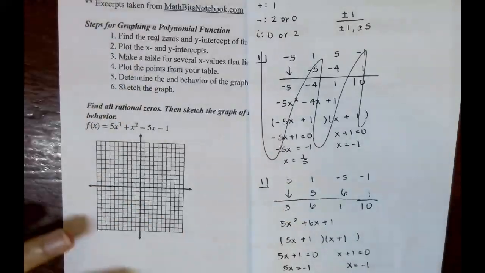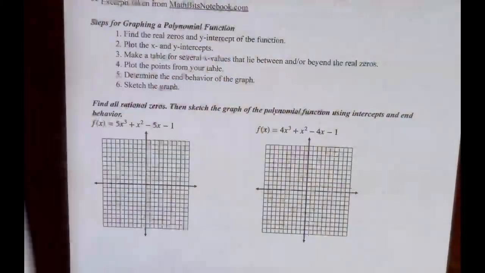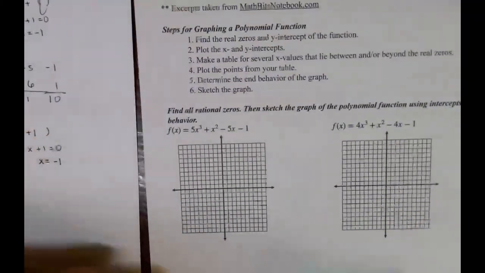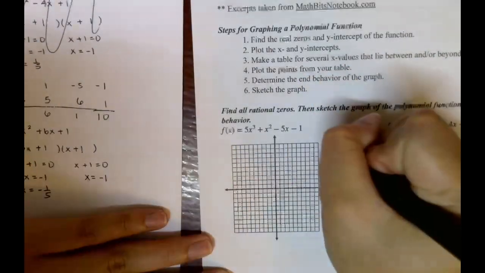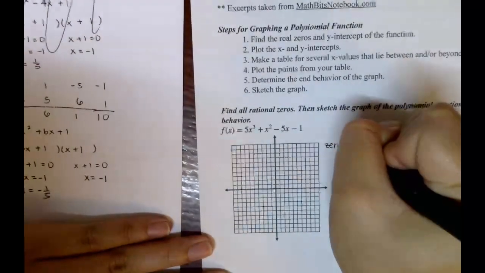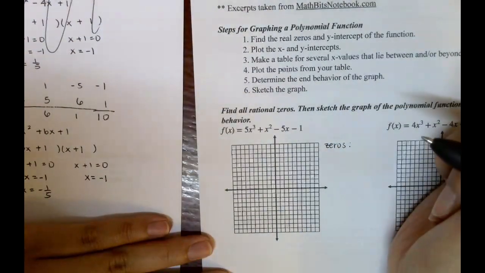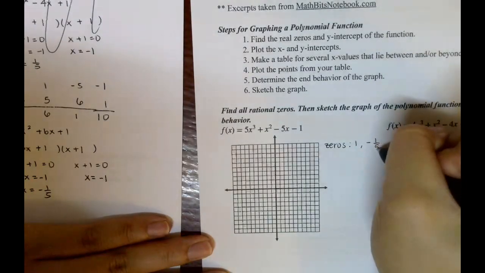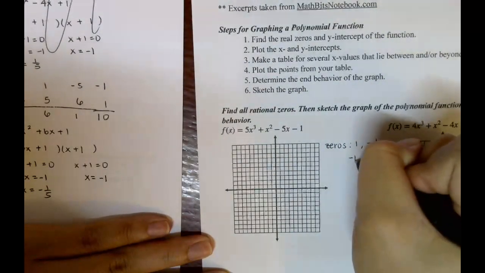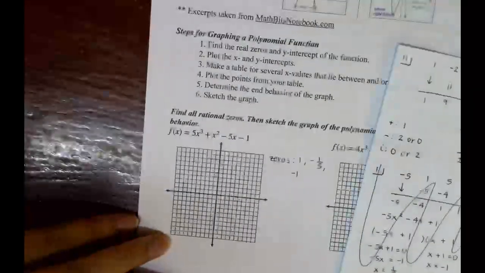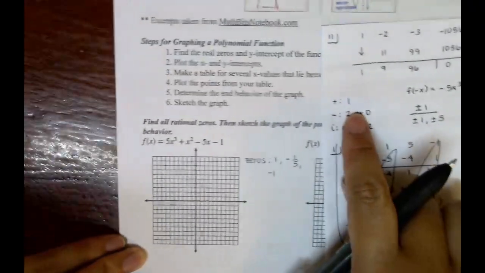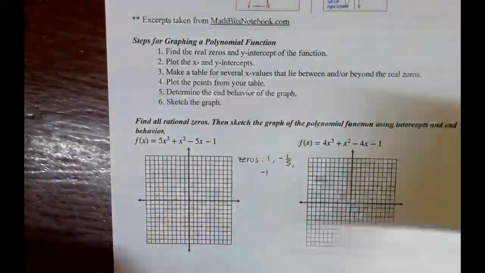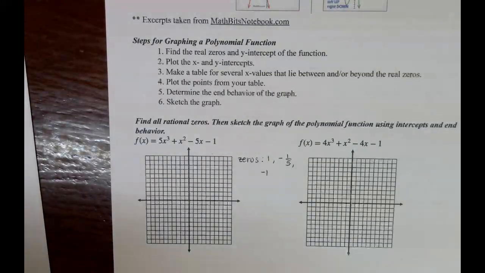Okay, so my first step is to find the real zeros and y-intercepts of the function. So my zeros are positive 1, negative 1/5, and negative 1, which works out perfectly, right? Because I have 1 positive zero here and 2 negative ones. Okay, so I'm going to plot that.